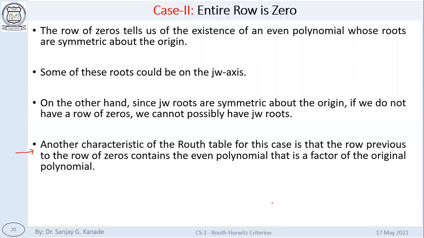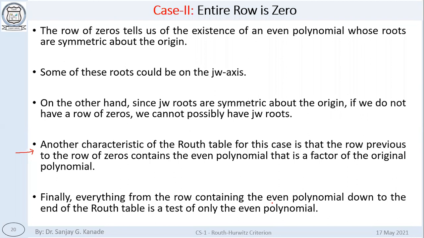Means if we analyze the even polynomial simply, then also we are going to get some roots of the original polynomial, and based on the analysis of the roots of the even polynomial, we can say that the same analysis follows for the original polynomial also.